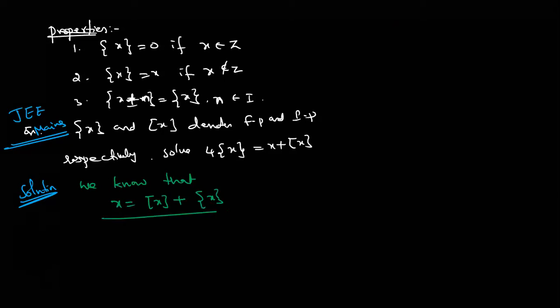Please remember this point, all of you, every time. This is the relation among x, the integral part of x, and the fraction part of x. Now, dear students, see what I'm doing. In the place of the fraction part of x, I can write x minus the integral part of x.